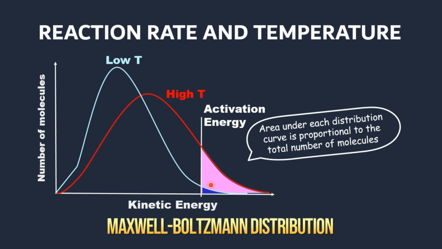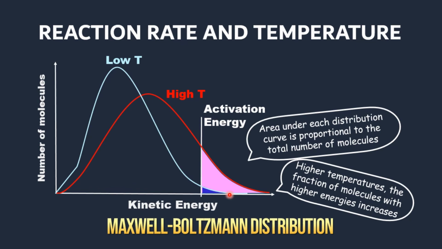The area under each distribution curve is proportional to the total number of molecules. So semakin besar area tu, semakin tinggi bilangan molecules tu. At higher temperatures, the fraction of molecules with higher energies increases.